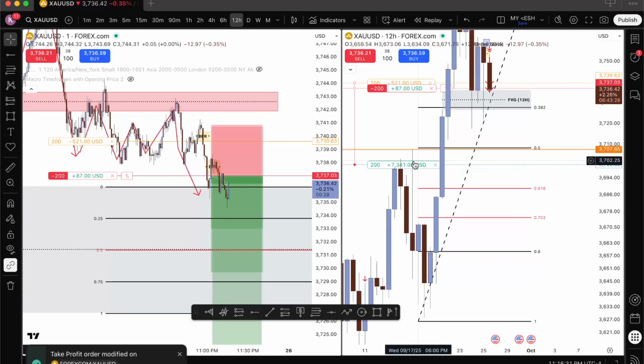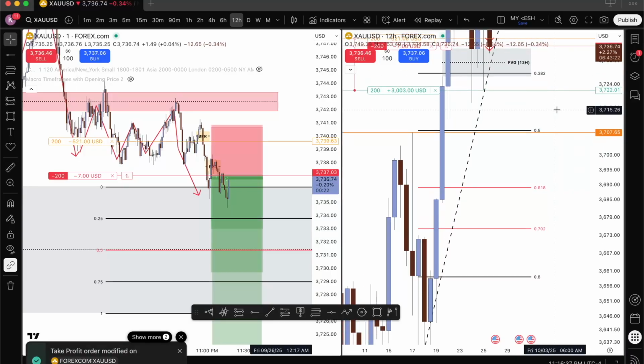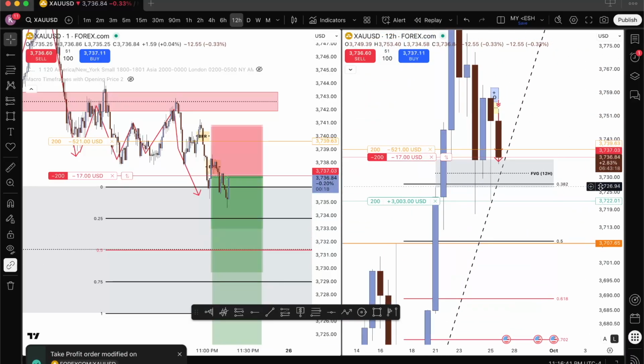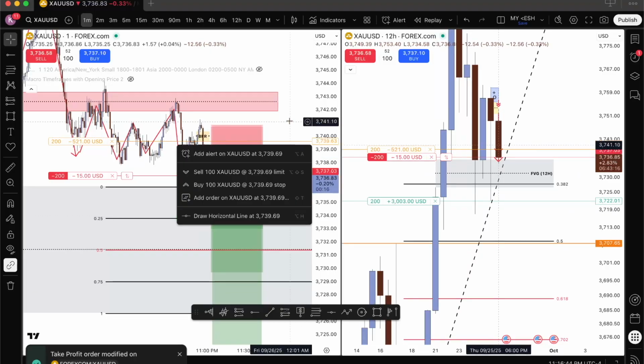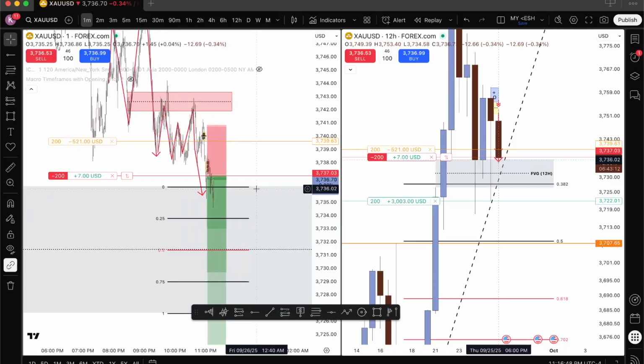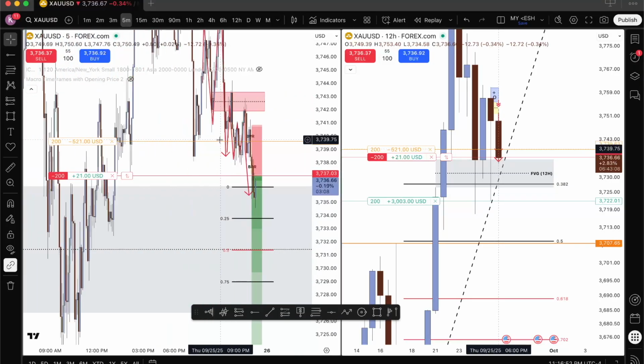Like I said, we're in this fair value gap, so it more than definitely can respect this area. So we're just gonna see.